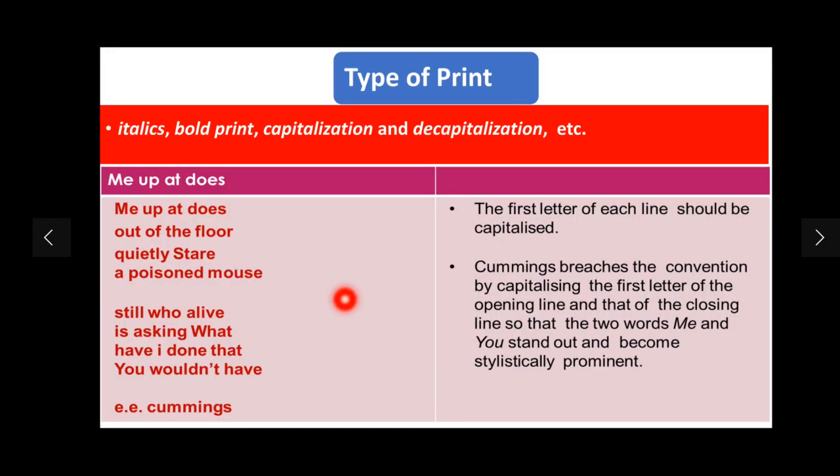You can see here still who alive is asking what have I done. So I refers to the mouse. You can see that I, the pronoun I, should be capitalized all the time, but here the poet decapitalizes it to demonstrate the humbleness of the mouse.